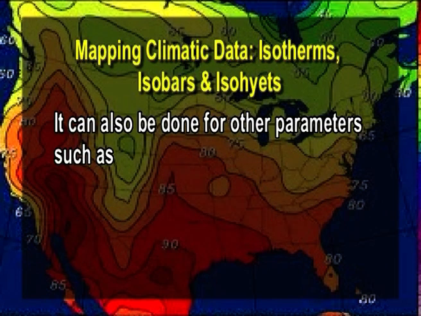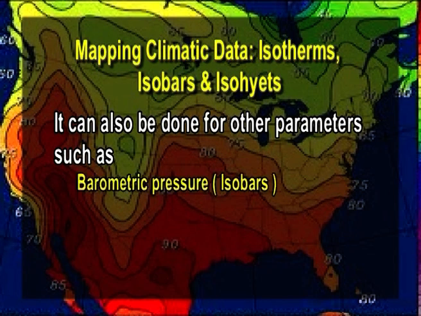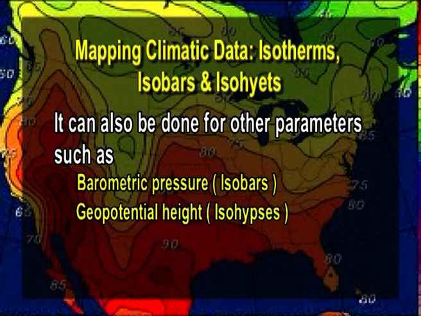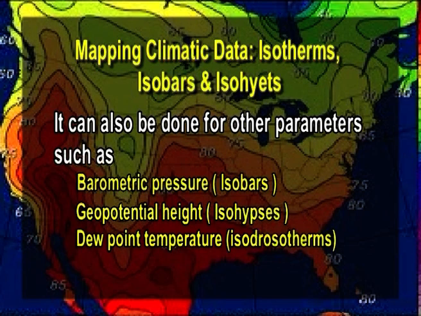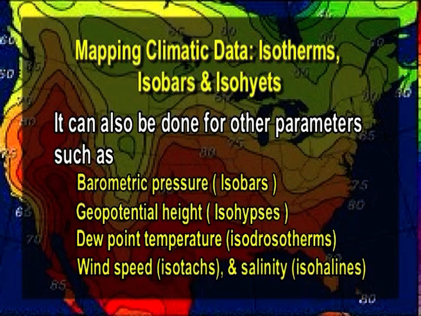It can also be done for other parameters such as barometric pressure, that is isobars, geopotential height, that is isohypses, dew point temperature, isodrosotherms, wind speed, which is also known as isotachs, and salinity, which is isohalines.